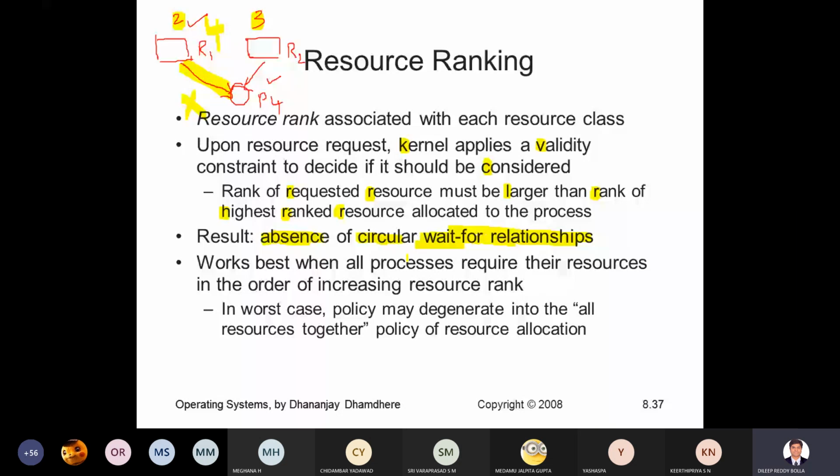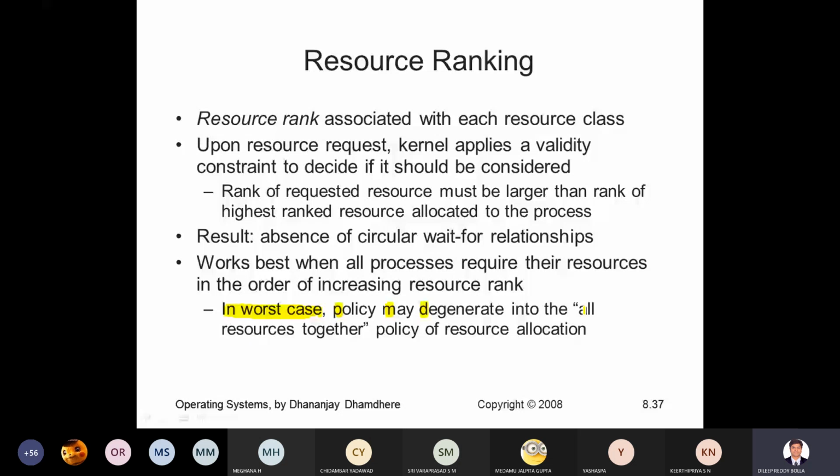One more thing we can consider is the worst case scenario. In the worst case scenario, this policy may degenerate into the all resources together policy of resource allocation. Let us say in the worst case we are not able to justify because of this ranking, then all resources are allocated together, all of them having equal priority.